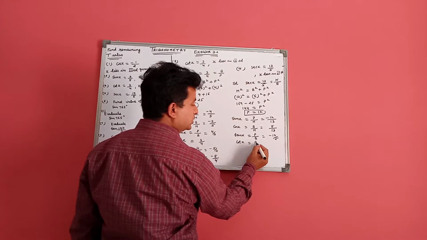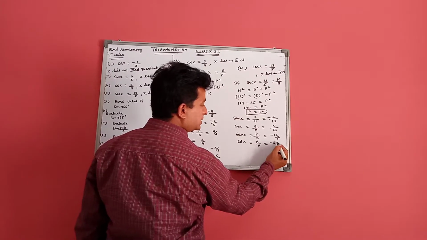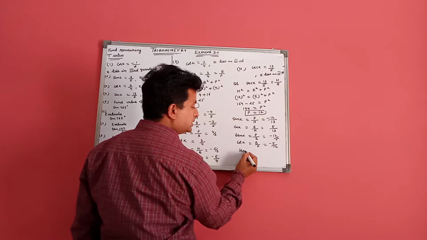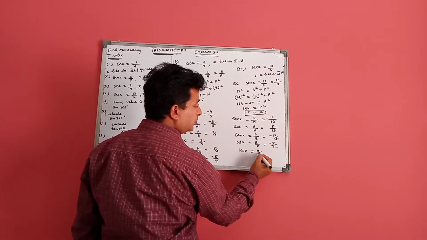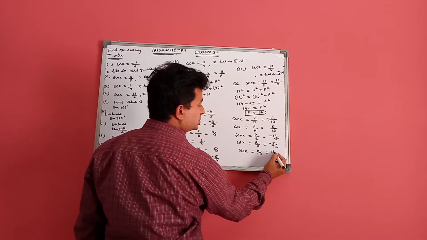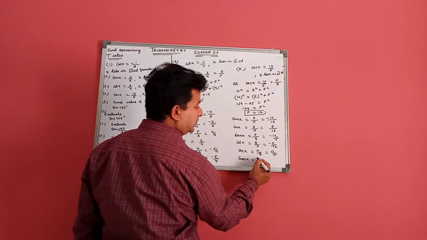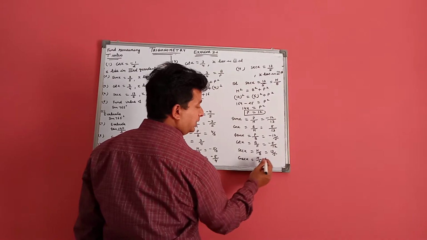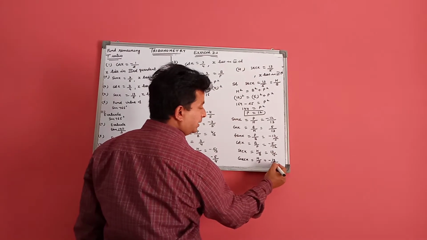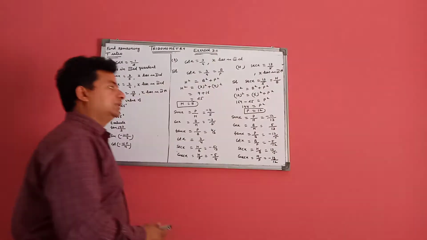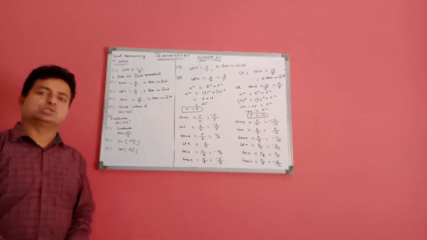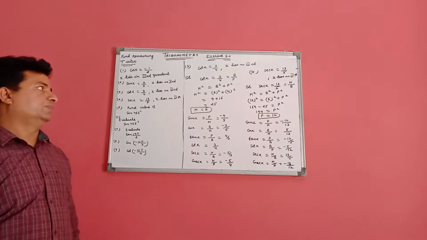Cot is base over perpendicular, it is also negative. Secant is given, h upon b, it is positive. Cosecant in the fourth quadrant is negative, it is 13 by 12. These are the remaining T ratios of question number fourth.